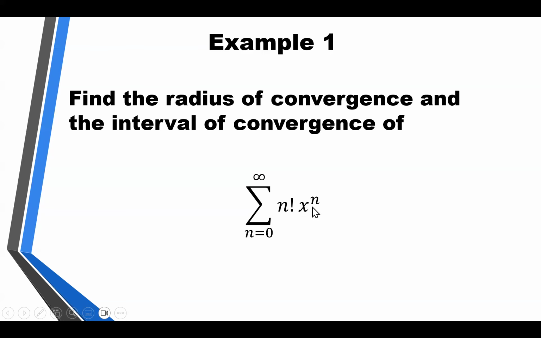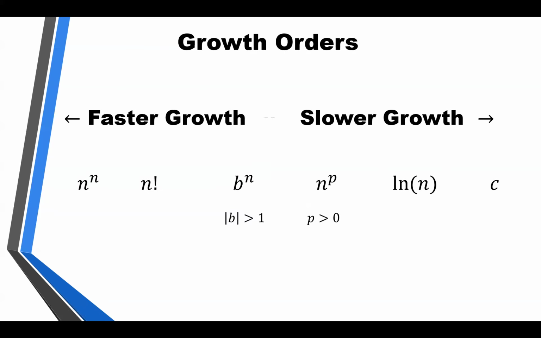Well, x to the n type growth is exponential. It's like b to the nth power. Now, obviously here, it's growth if b is greater than 1. It's decay if b is less than 1.